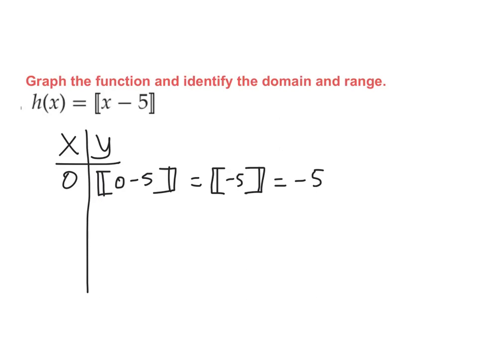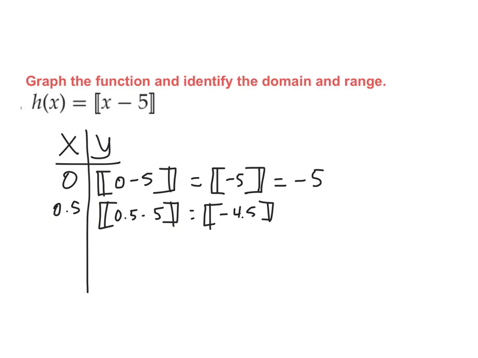I want you to write it down now, and I want to show you this just to prove a point. Okay? For example, if I use 0.5 and I plug that in, this is just to show you how the greatest integer function works. 0.5 minus 5 is negative 4.5.